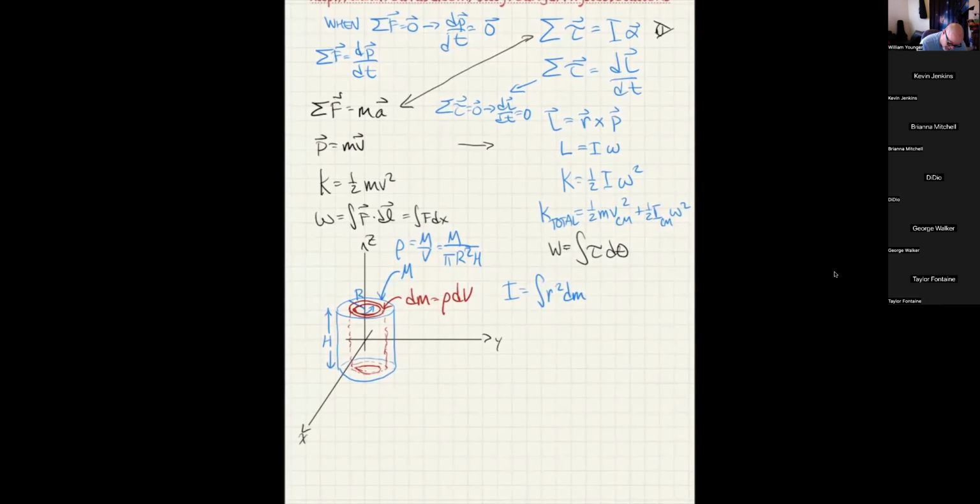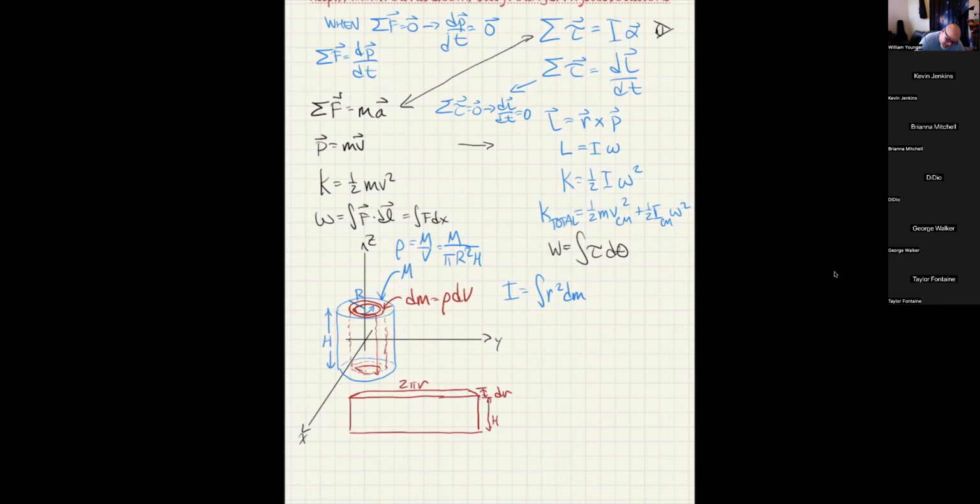If you cut this little red sliver right there, and then down here, and then back up there, what you get is essentially a rectangle whose length is 2 pi r, whose thickness is dr, and whose height is h.